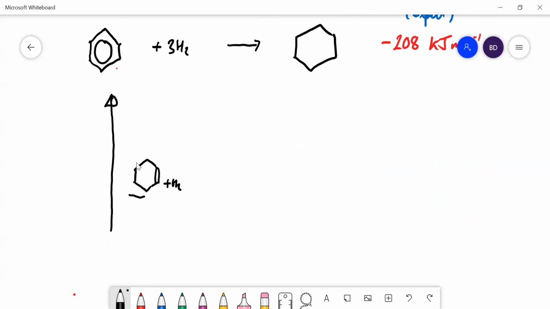And that line is to show the energy level. Okay. And then if we react it to form cyclohexane, it's exothermic. So that means the product is more stable. So the product is going to go down here. So I'll draw the product here. Cyclohexane.